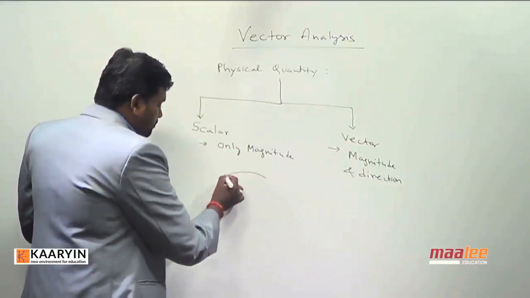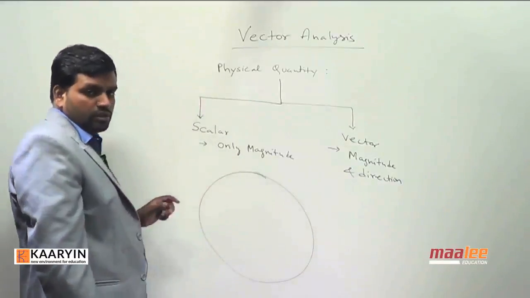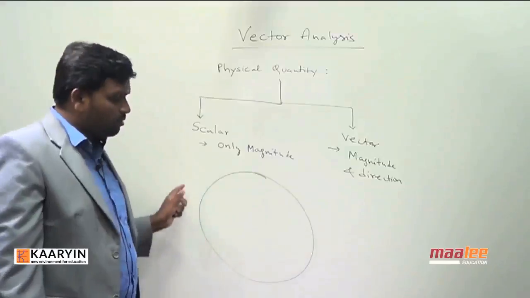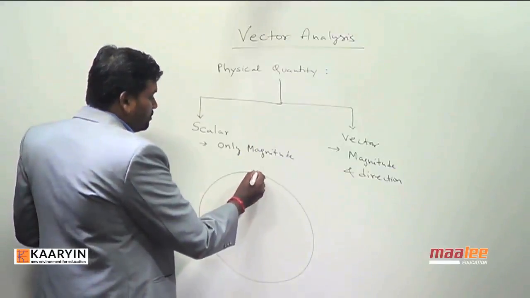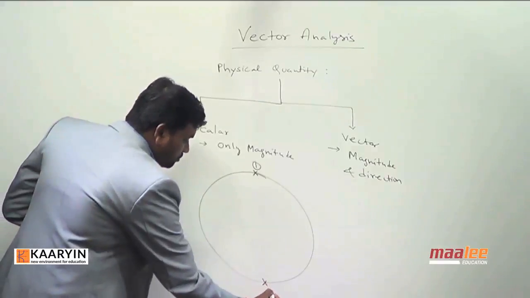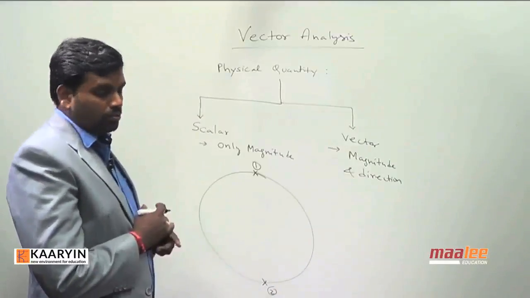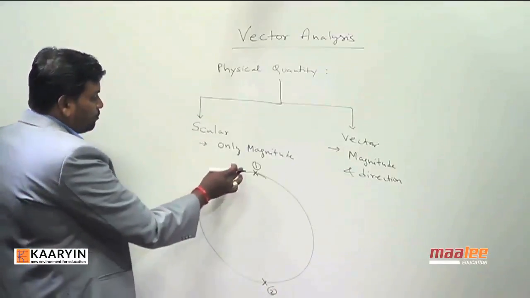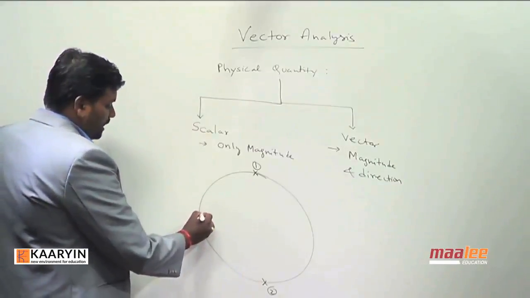Suppose this is a circular park. Suppose a circular field or circular park is there. Suppose you are at this point, at point 1, and one of your friends is at point 2. Okay. Suppose you want to come and meet your friend, what can you do?